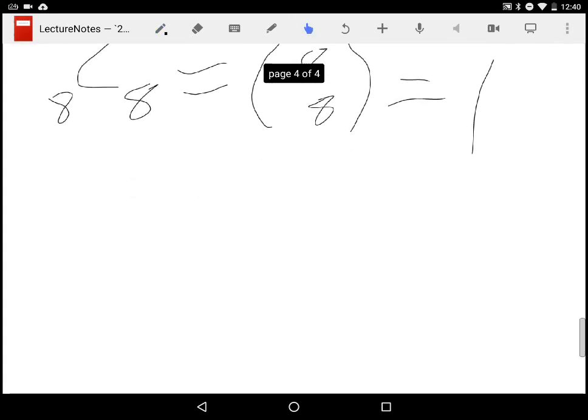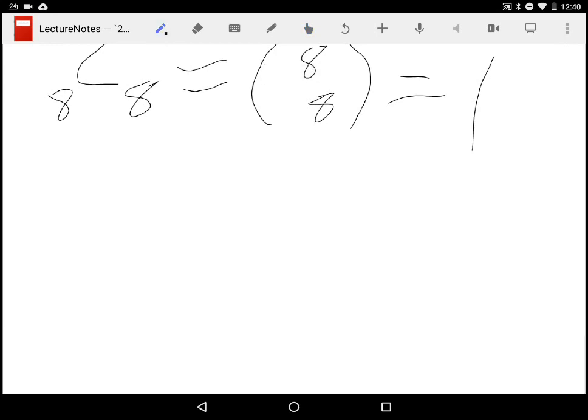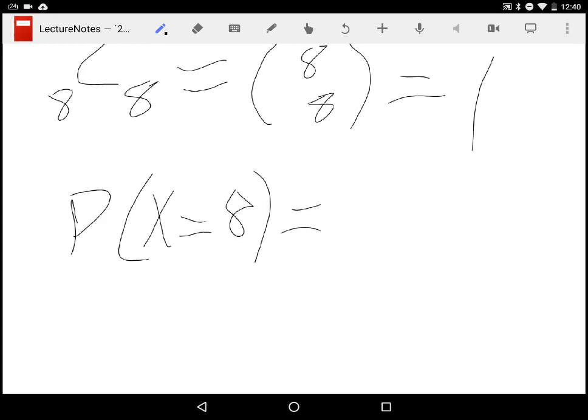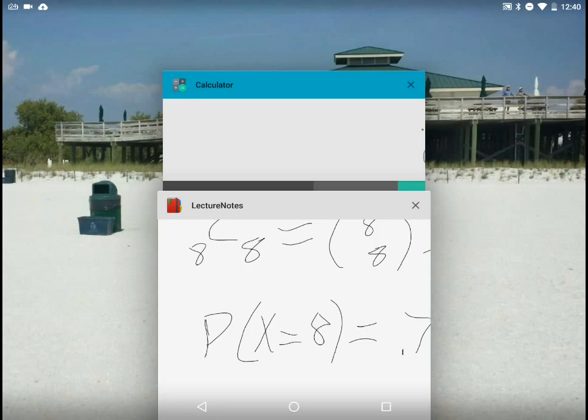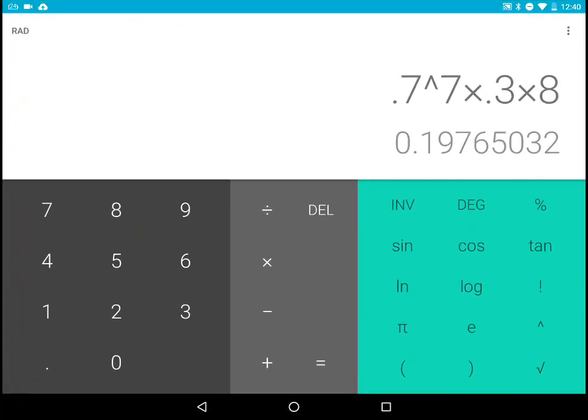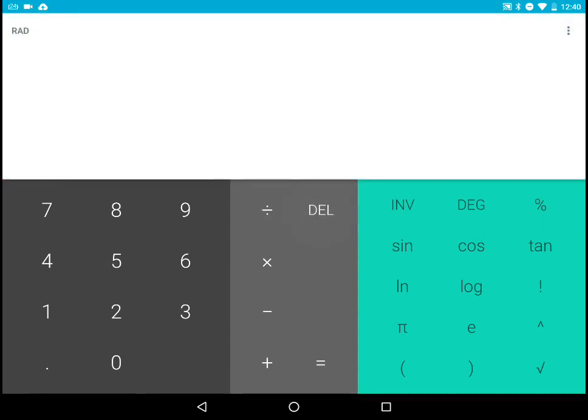So for this case, the probability that x equals 8 is just 0.7 to the 8th. And calculating that, so that's 6%.